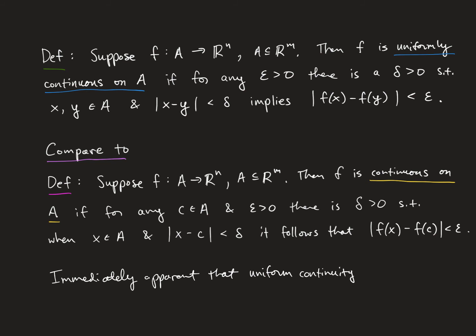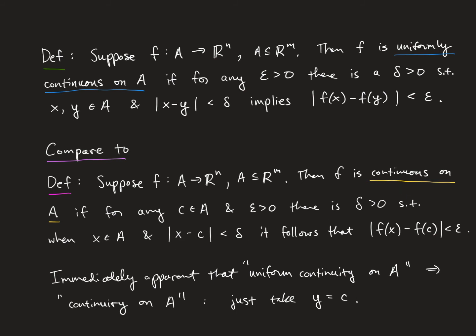So uniform continuity on A implies continuity on A. And for this, just take c to be equal to y. So take y equals c in the definition of uniform continuity, and you just end up with the definition of continuous on A.